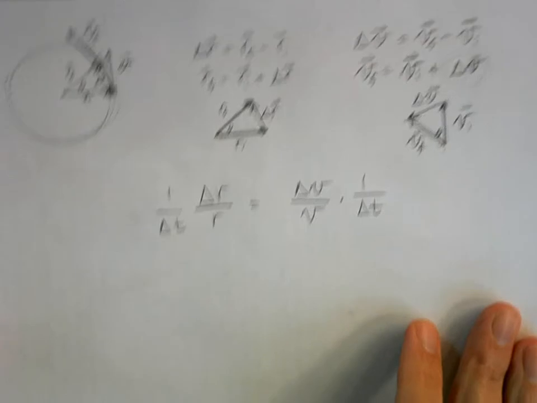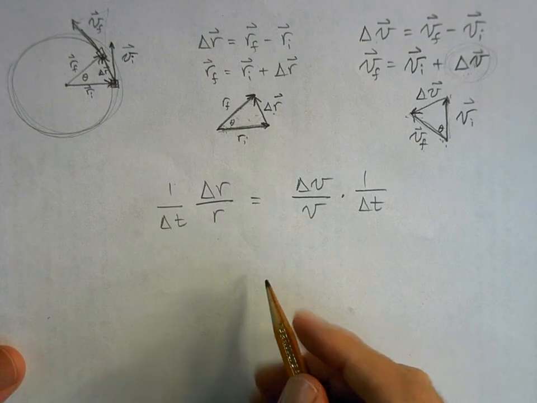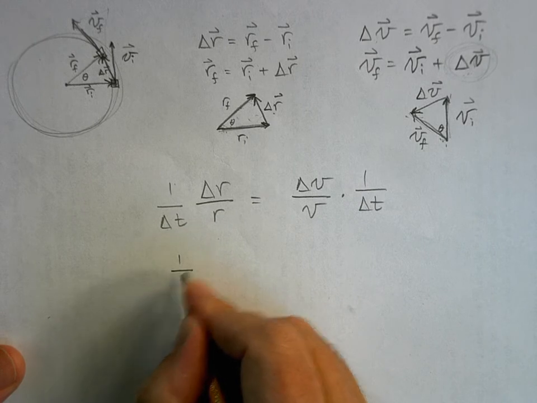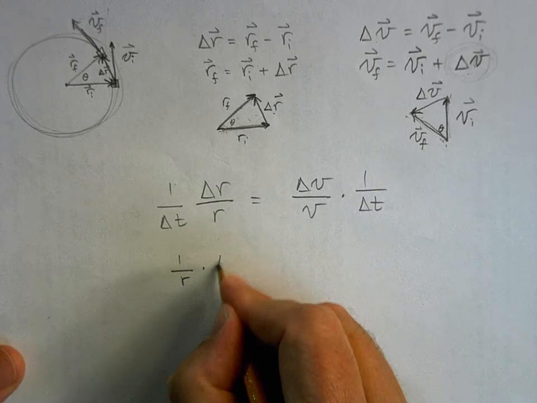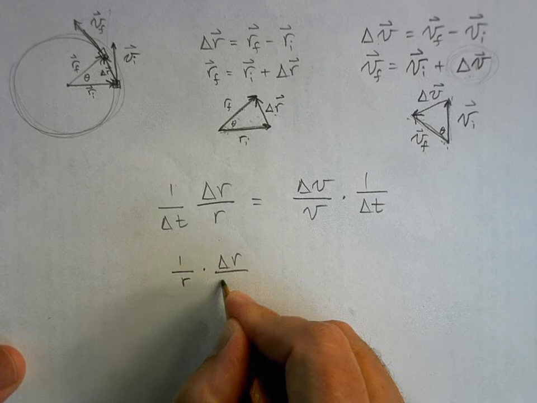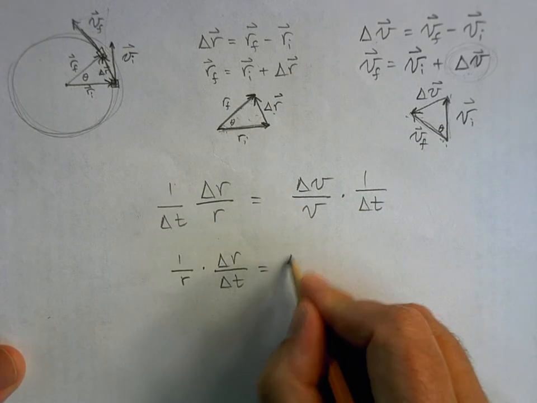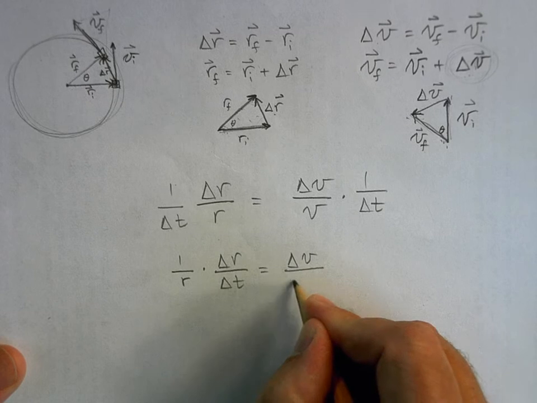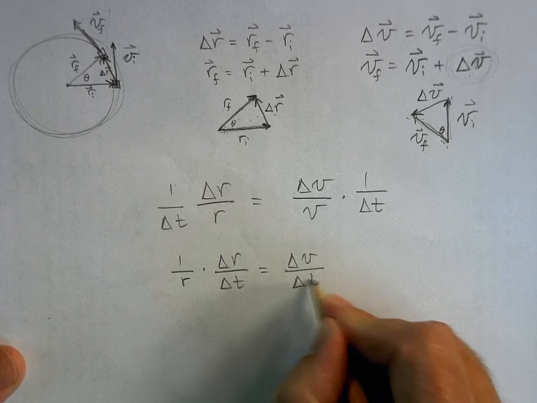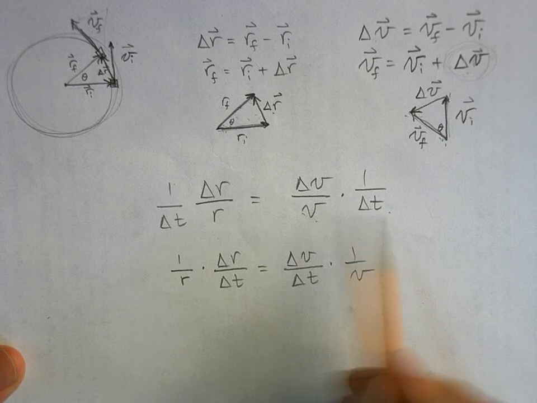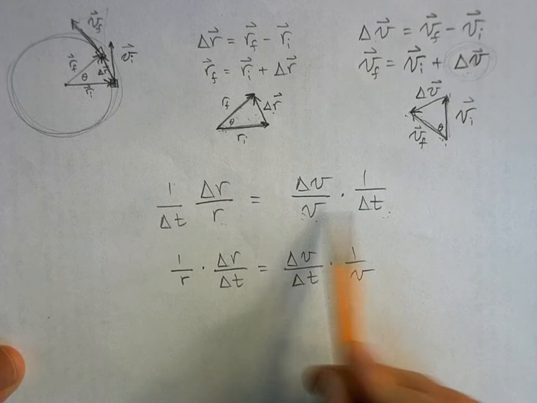Now, I'm going to rearrange this a little bit. I'm going to say this is 1 over R times delta R over delta T equals delta V over delta T times 1 over V. All I did was switch these two and switch these two.